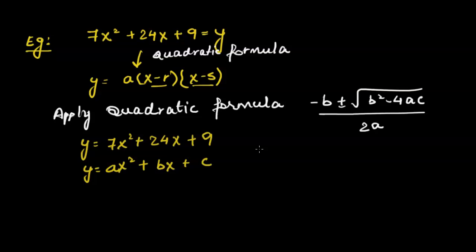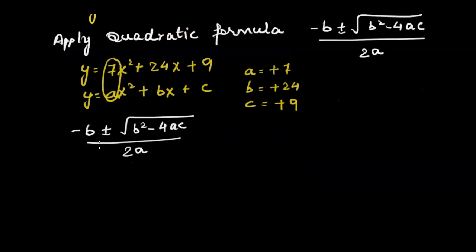So we will write a, b, c separately. A is 7. Make sure the signs in front of the numbers also go with these letters. Here all the signs are positive, so a is positive 7, b is positive 24, and c is positive 9.